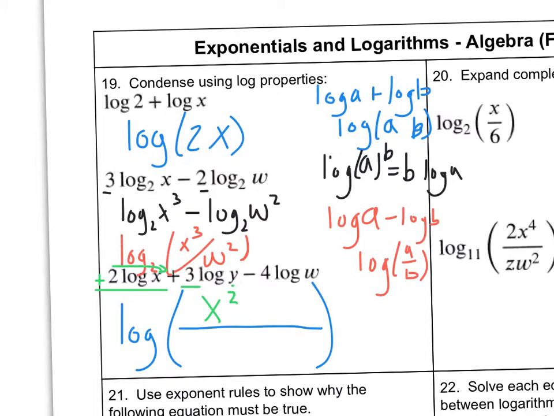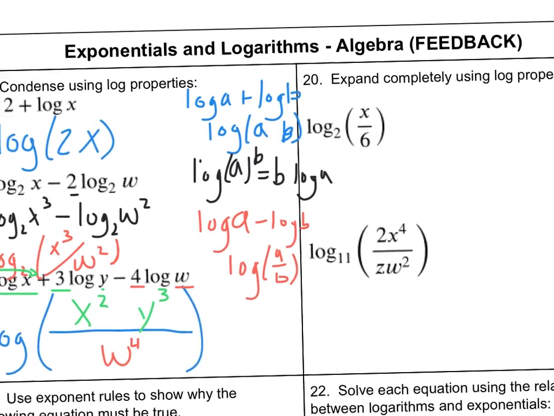This would become the power on the y, so times y to the third. And then this would become the power on the w. Since we're subtracting, it's going to go on the bottom: w to the fourth. Sometimes you can do these all in one step, and at that point you'd be done with this problem. You could also do that in a couple separate steps, doing the powers first and then doing the combination the other ways, and that would be okay too.